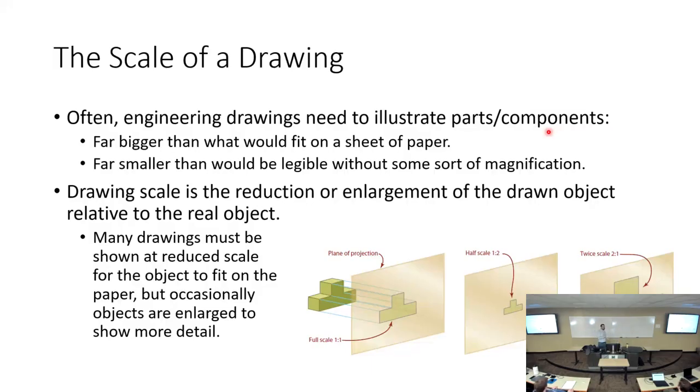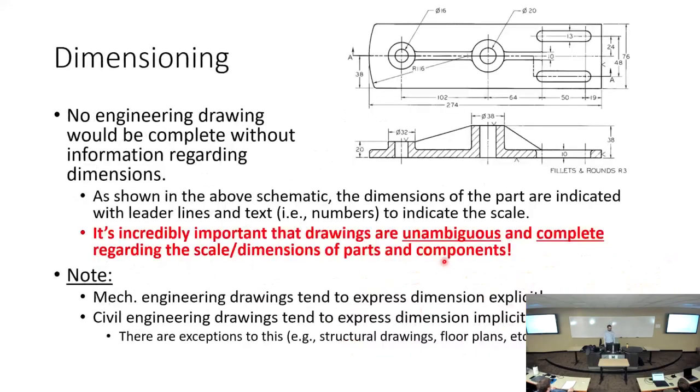A 1-to-1 scale is what we've got going on right here, where literally if it's 3 inches on the sheet of paper, it is 3 inches in the real world. That's the basis, and anything above or below can be reflected accordingly. We'll talk more about scale later this semester.